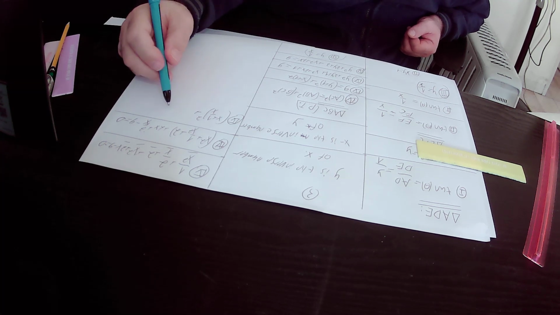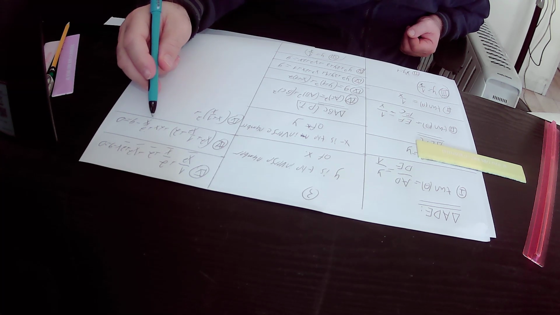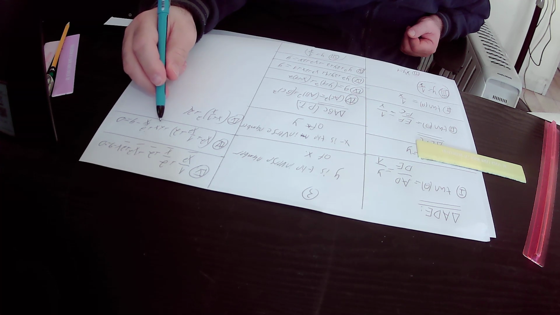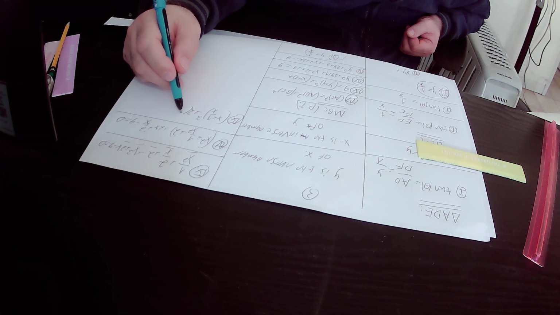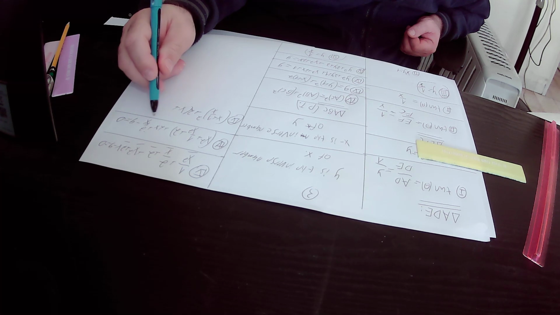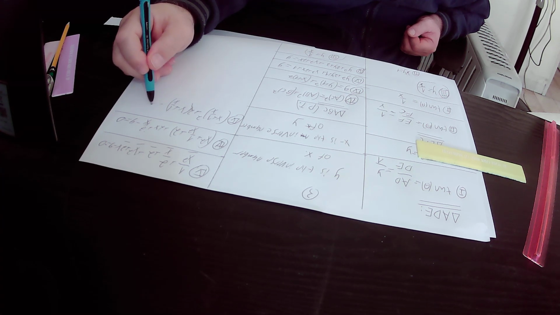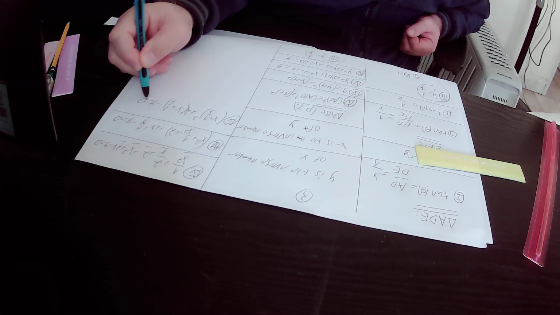And here we will take a common factor of 2 out of those two expressions, and we will get that 2 is a common factor, so what is left from 2x is x, and what is left from 2 over x after we took 2 as a common factor is 1 over x, minus 9 equals 0.